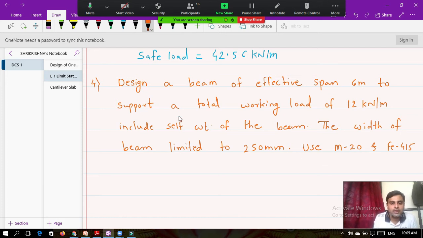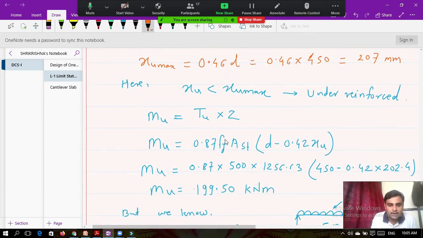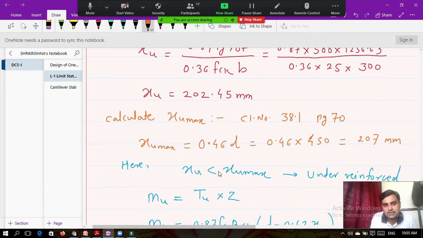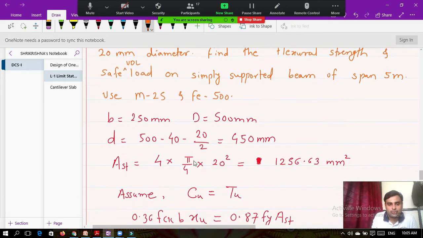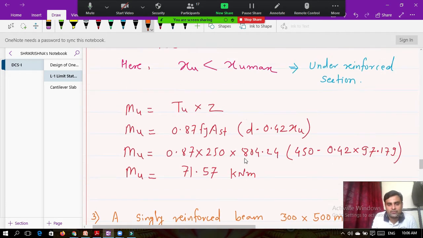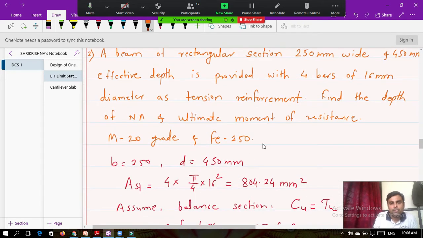Okay, in the previous problems they told you to calculate the safe load, and before that to calculate the moment of resistance. These types of problems we have seen. See here, find the flexural strength, safe load. Then before that, we also saw this problem, where they asked for the ultimate moment of resistance and depth of neutral axis.